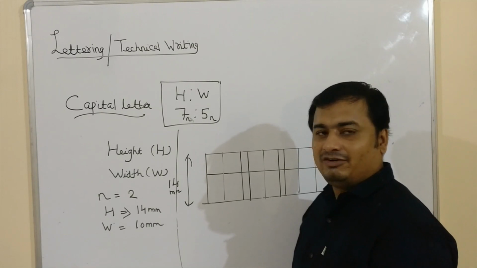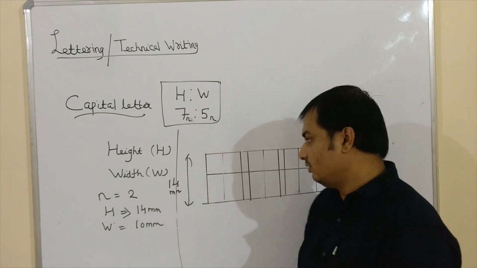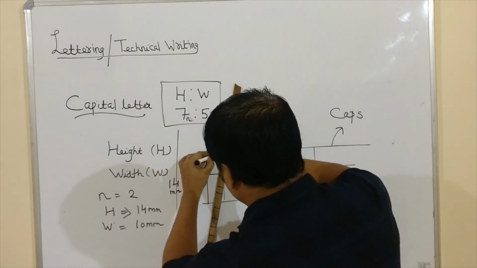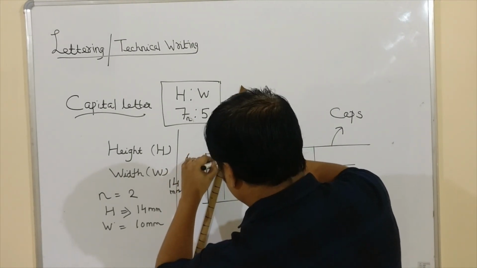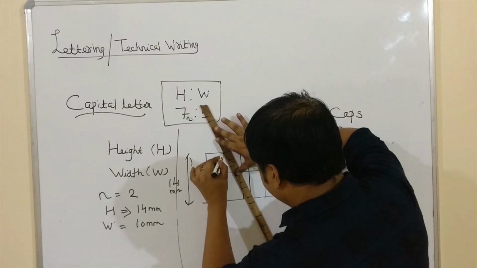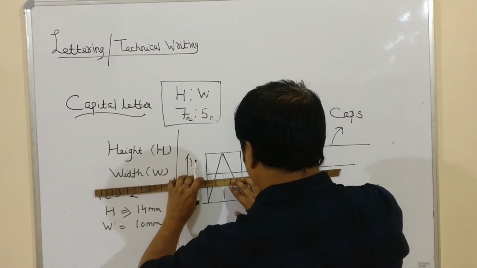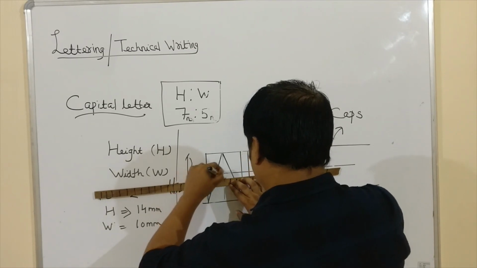Now, how to write the alphabet? Suppose I want to write the A in this first box. I am going to first join the center of the width to the bottom like this, and we know the horizontal line should be at the height of x by 3.